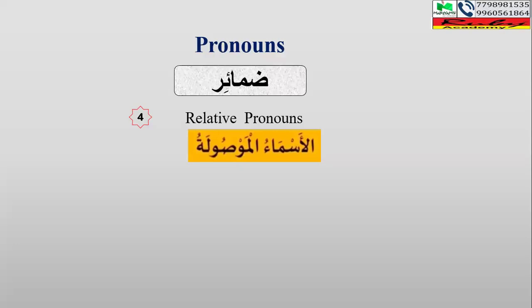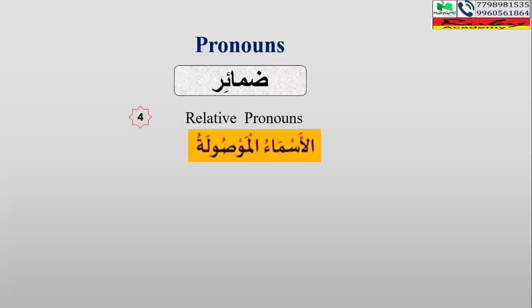The fourth one we are going to take is the relative pronouns, Al-Asma'ul Mawsula. In English, we use only two relative pronouns, the words who and which, and sometimes we use that as well.